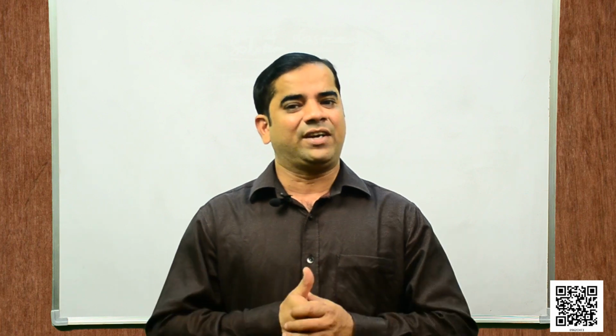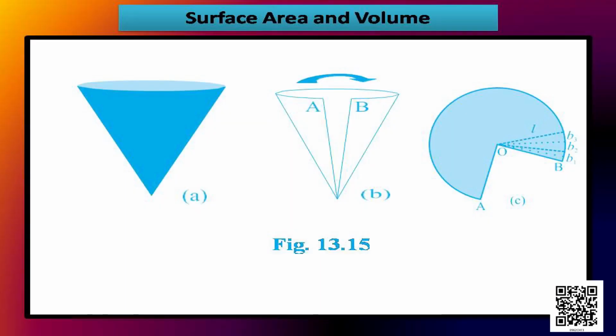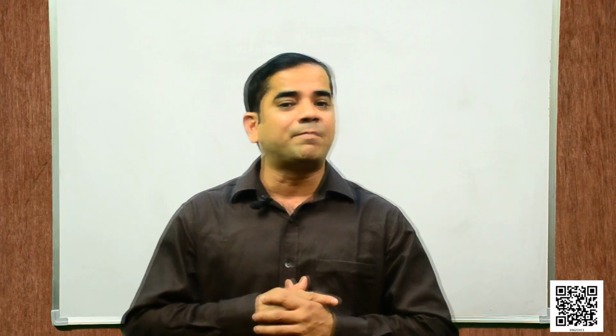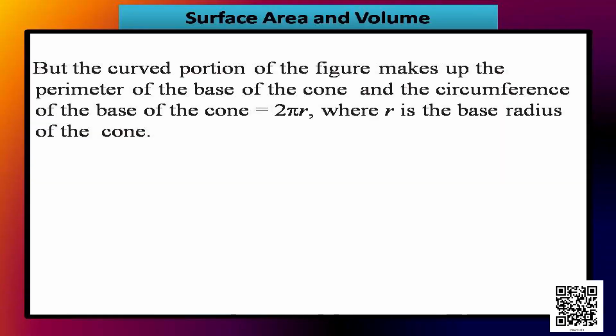You can refer to figure 13.15c. Okay. So what is the length of the entire curved boundary? Students, the curved portion of the figure makes up the perimeter of the base of the cone, and the circumference of the base of the cone is 2 pi r, where r is the base radius of the cone.